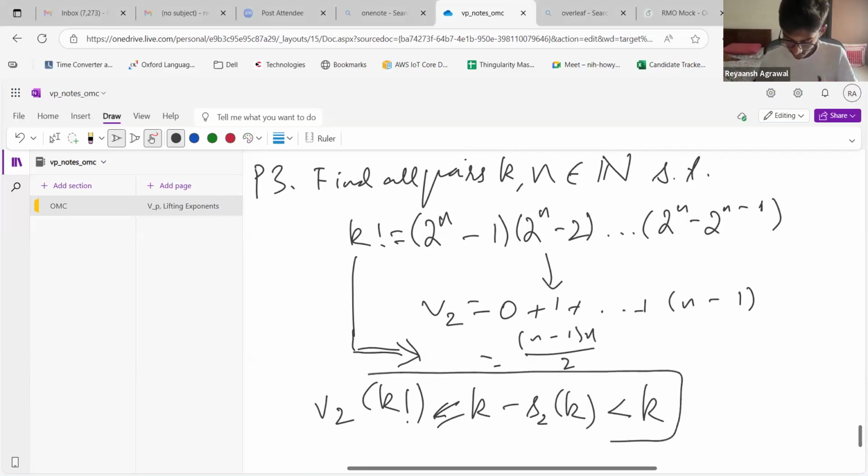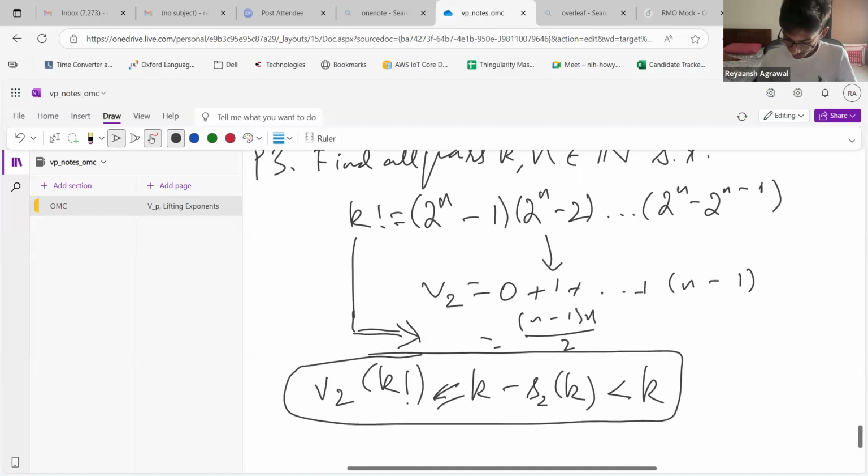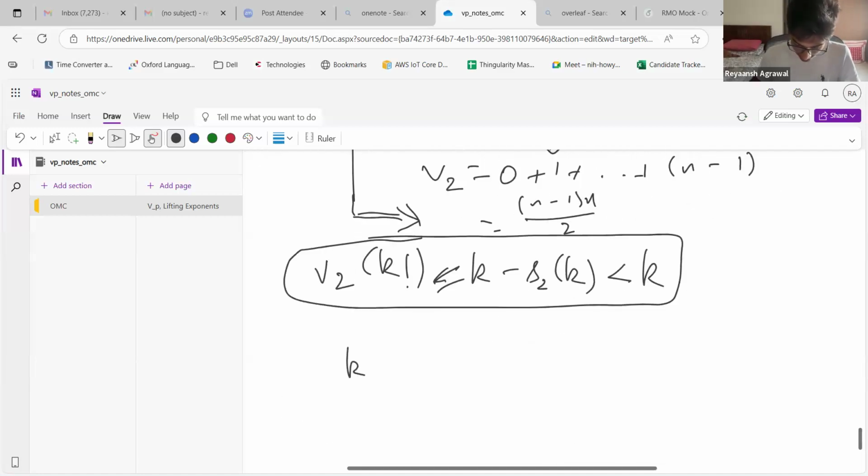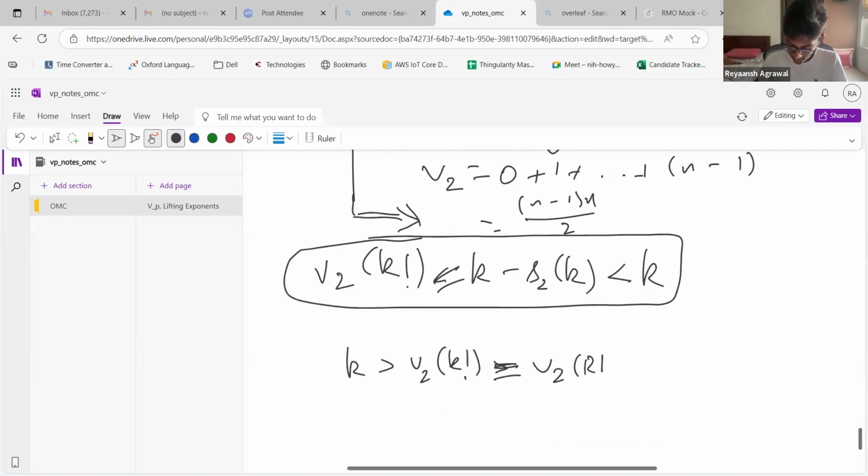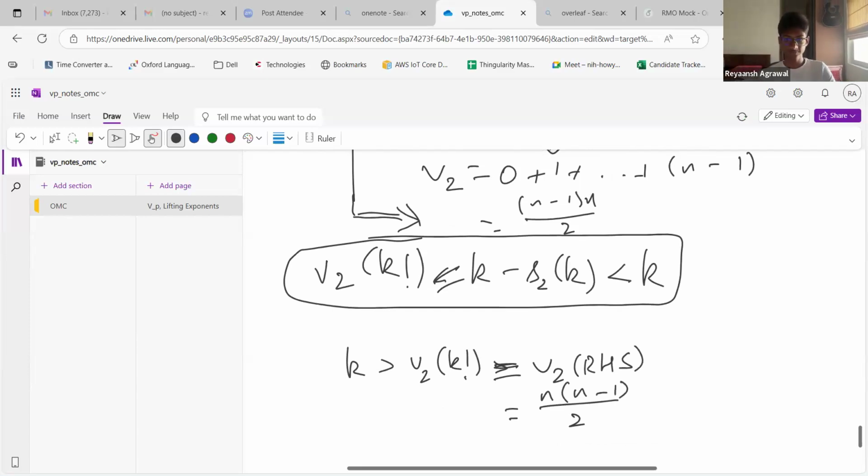Great. This means that k is greater than v2 of k factorial, which is equal to v2 of RHS, which is equal to n times n minus 1 by 2, right? Yes. Okay. So we have this.